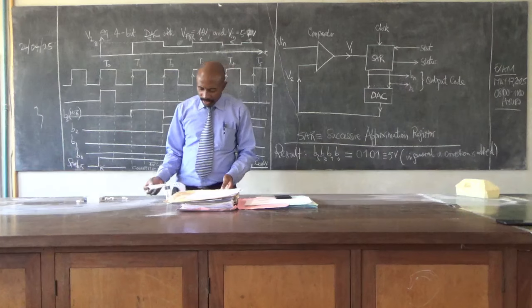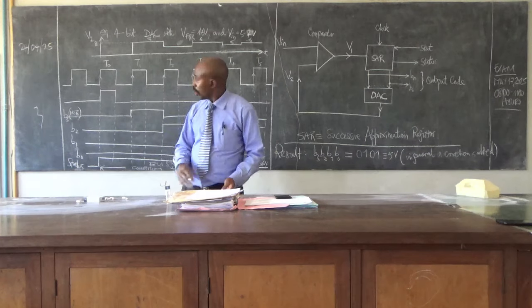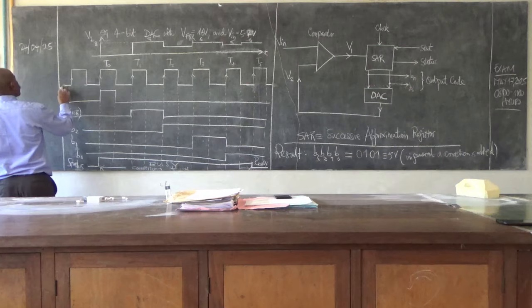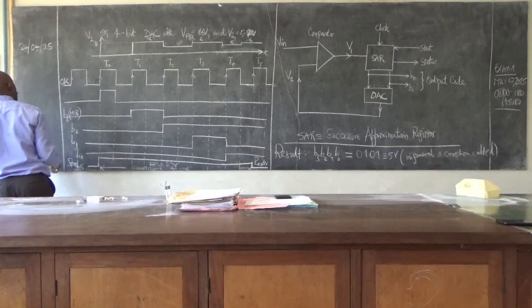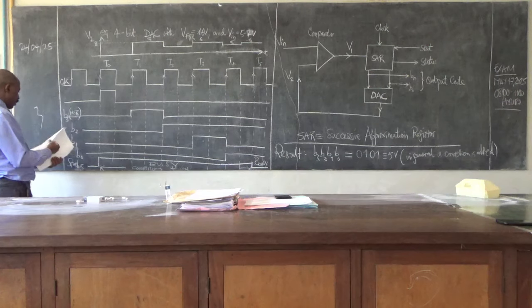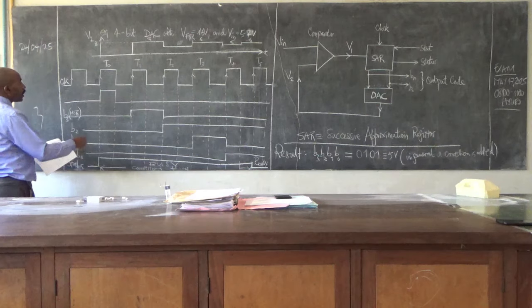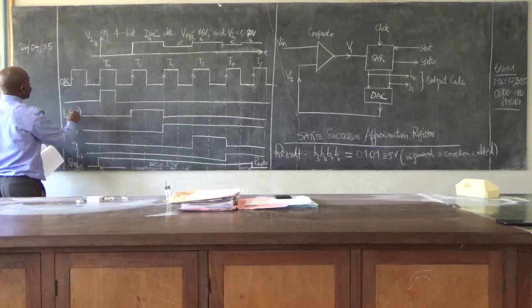I don't know whether my level is right, I was trying to look. This is the clock here. And then this one here, the first one, this pulse here is for the start.